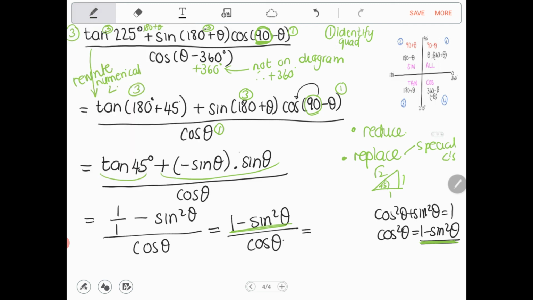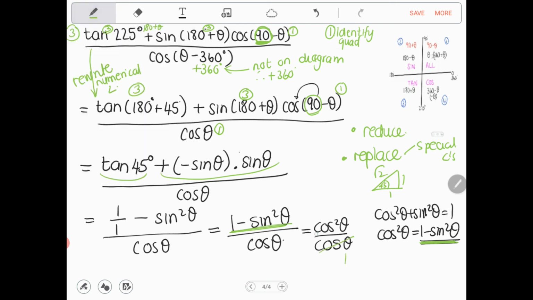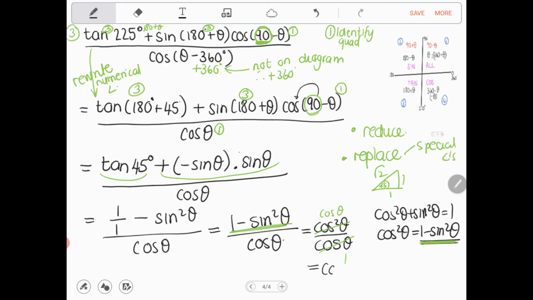So that's going to be cos squared theta over cos theta. And now we've got one term over one term, so we can divide cos into their ones. If we divide it into the top, we'd be left with cos theta. So the answer to this question is going to be cos theta.